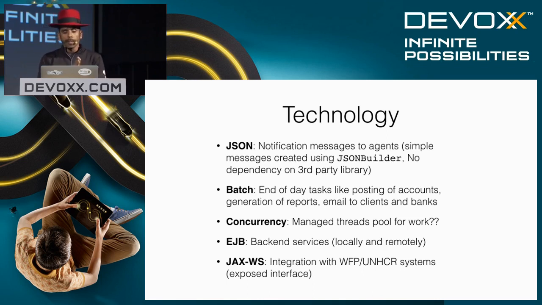So in this case, for example, UNHCR systems had a SOAP interface. So that's where JAX-WS fit very well, because it's part of the stack itself. So you look at their WSDL, you generate stubs and artifacts, and you bundle the clients, which can directly talk to the endpoints.